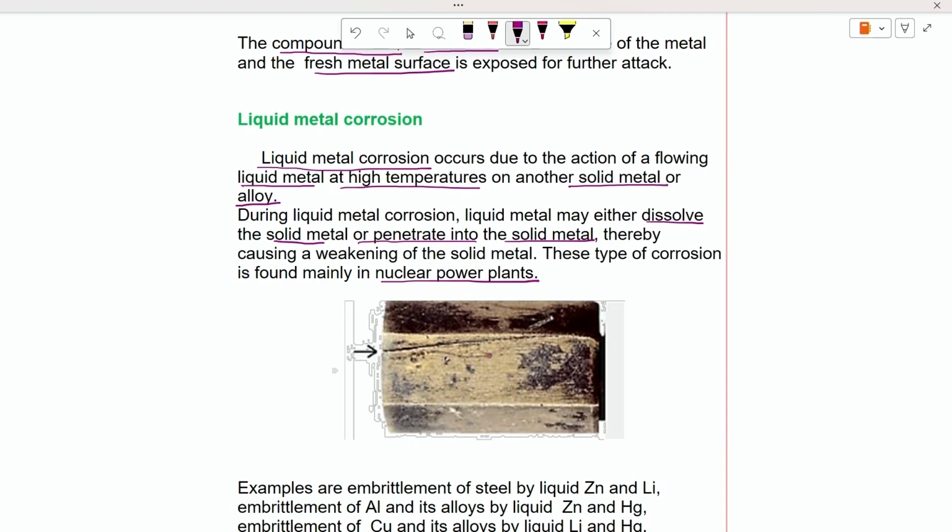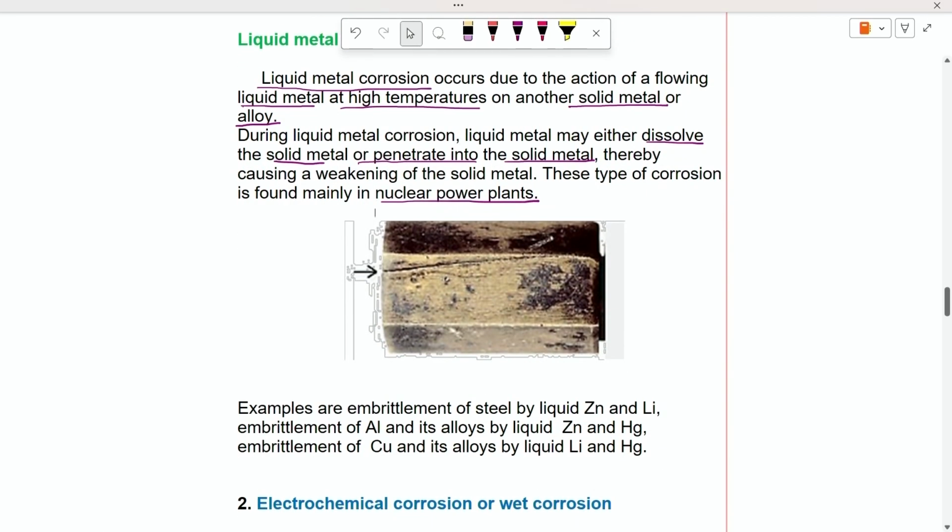Now, this is an example of embrittlement of steel, and here you can see that the steel object has several cracks occurring in between.